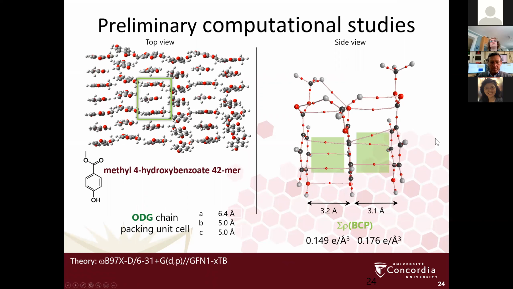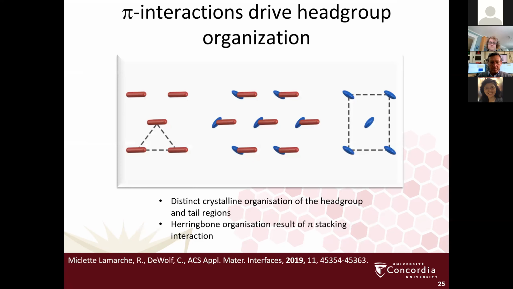And from a side view, you again see a ring stacking distance of 3.1, 3.2 angstroms that nicely corresponds to the ring stacking that we've been able to see.